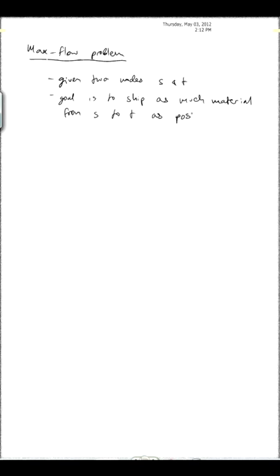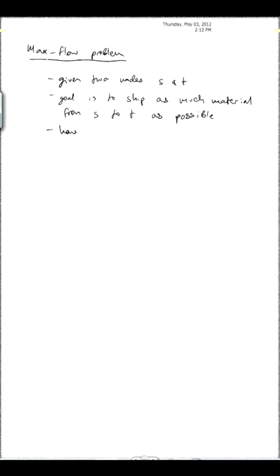In the max flow problem, we're given two nodes, S and T. And our goal is to ship as much material from S to T as possible.